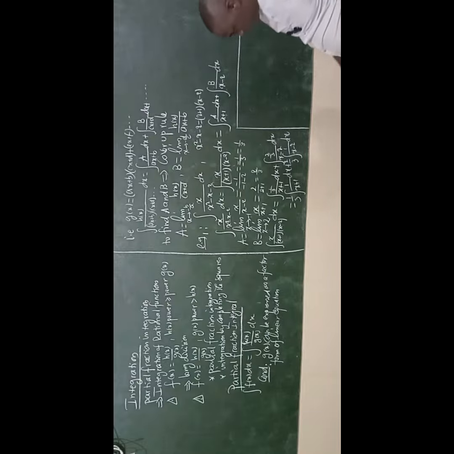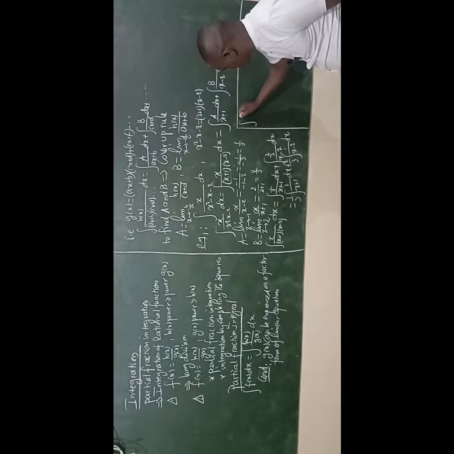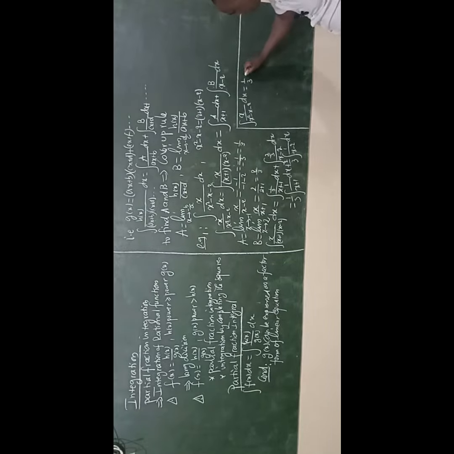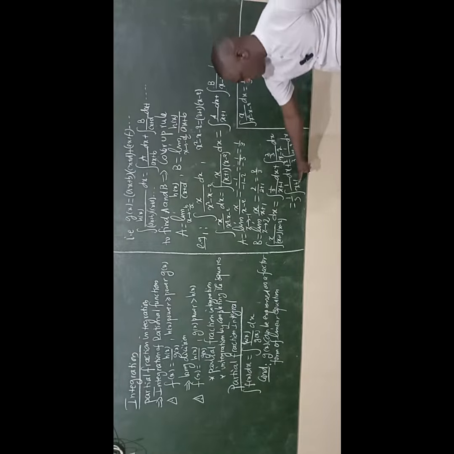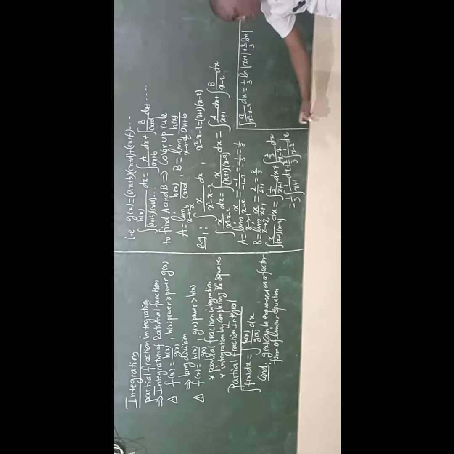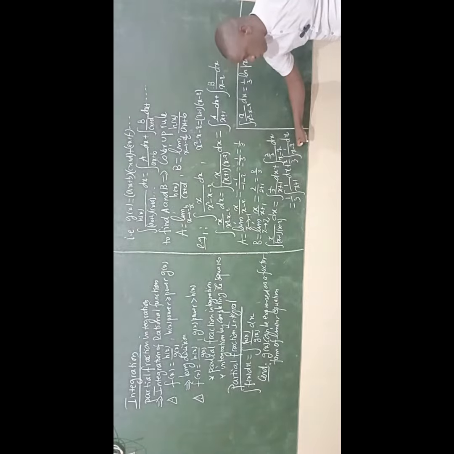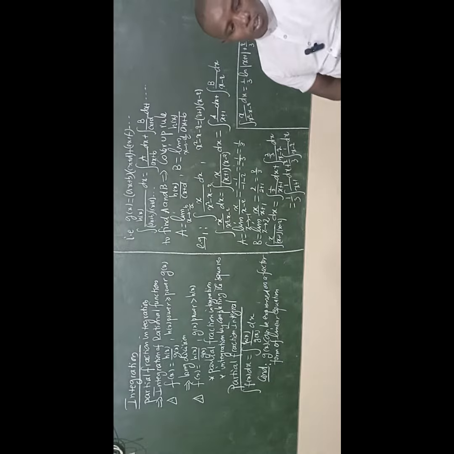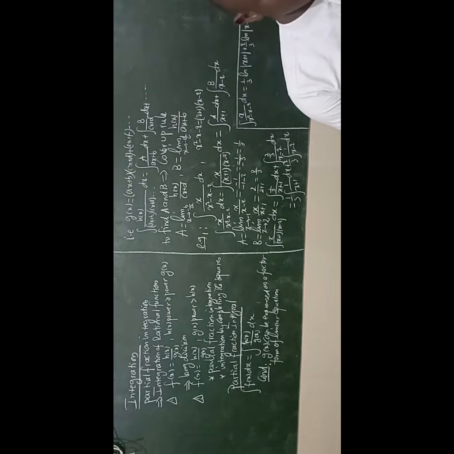The integration of x by x squared minus x minus 2 dx is going to be 1 over 3 times the natural log of this denominator, x plus 1, plus 2 over 3 times the natural log of x minus 2, because the derivative of this x minus 2 will be 1. Now we add the constant of integration.